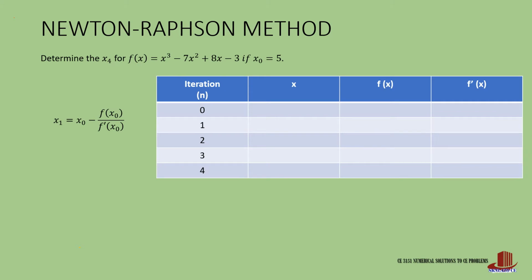How do we go about with the procedure of Newton-Raphson method? Say, for this example, that we are required to determine the fourth iteration of x for the function x cubed less 7x squared plus 8x minus 3 if our initial x or x naught is given as 5. The first thing to do would be for us to find f prime of x.